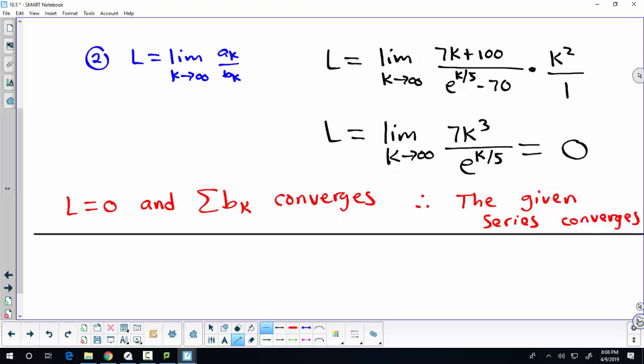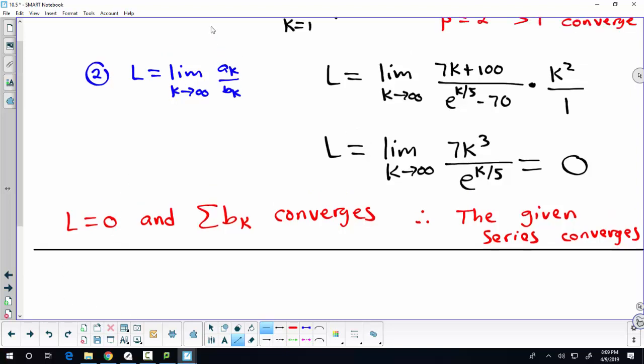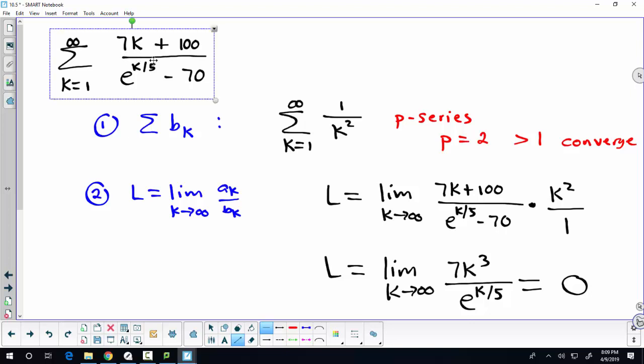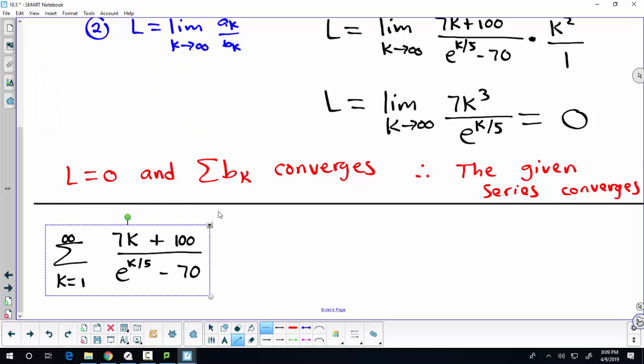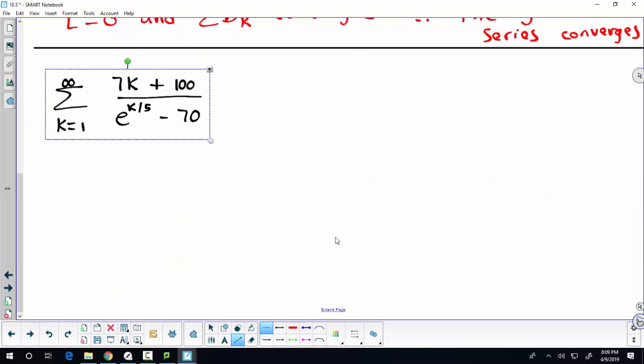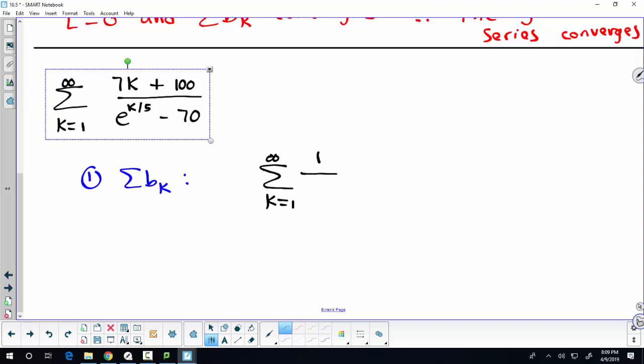Let's look at another one here, just with the same series. And this time let's choose the b sub k series to be the sum from k equals 1 to infinity of 1 over 2 to the k.